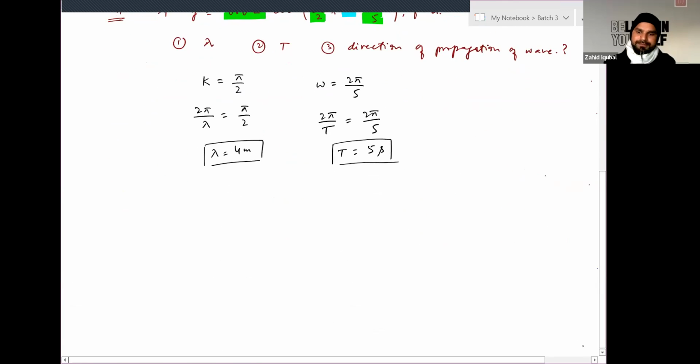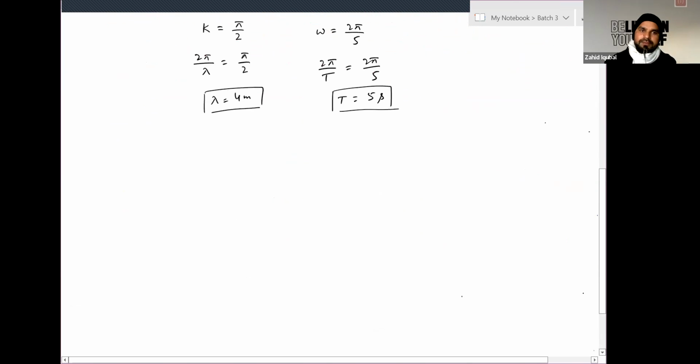Now from this part, the next question will be about the relation between phase difference, path difference, and time difference.